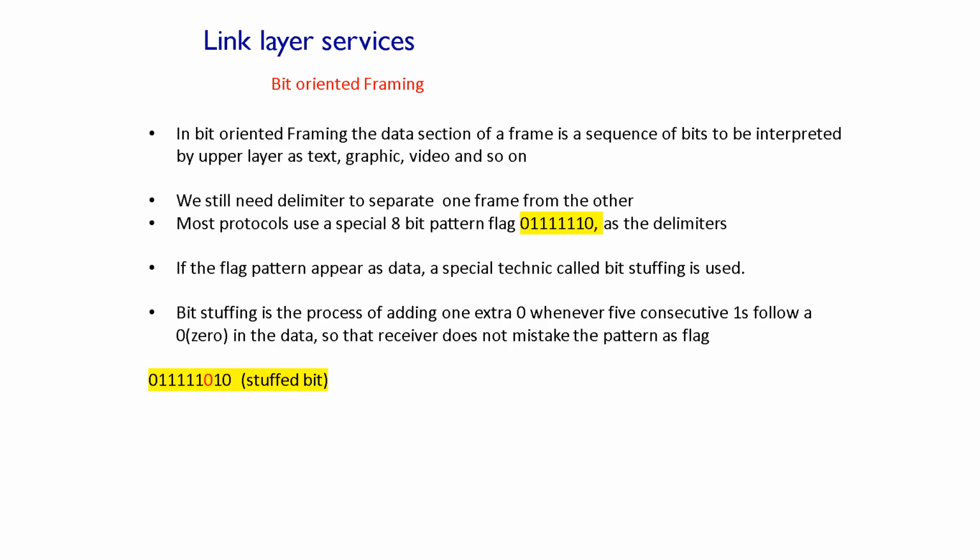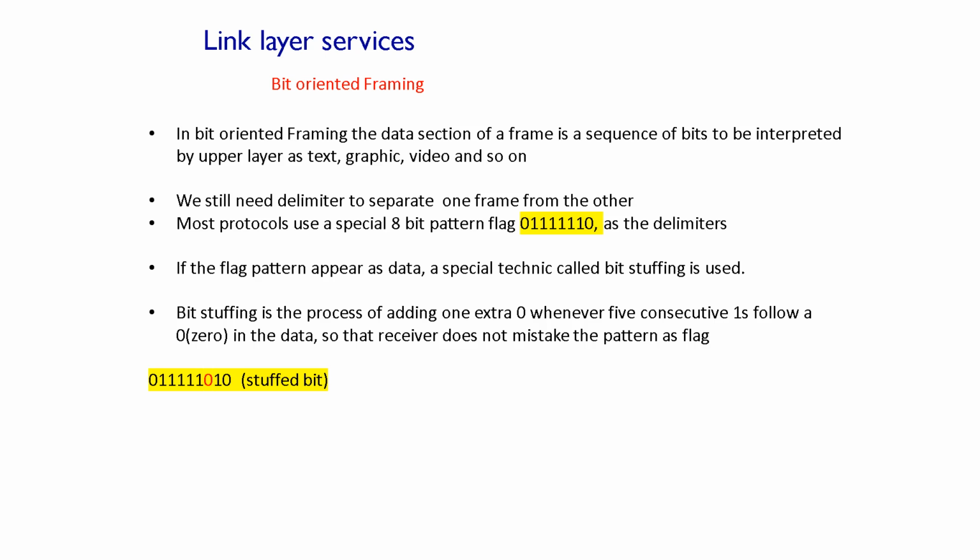As I said in the previous slide, there are two different types of framing: character oriented and bit oriented framing. The main activity of framing is adding the header and the trailer, or adding the flag. In character oriented framing, we put flags, and the flags are special characters. Whereas in bit oriented framing, special bit patterns are used as flags.